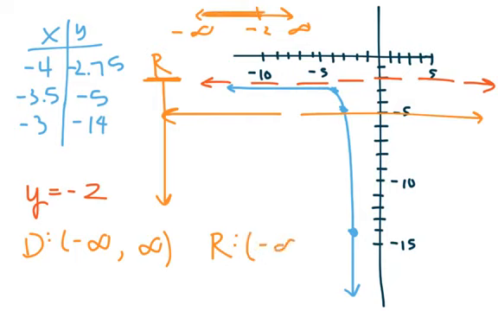So we would write it -infinity to -2. Remember, with asymptotes, we use parentheses because we're never actually going to hit that asymptote. We're just going to get really, really close. We're going to approach it. Okay, and yeah, you always use parentheses with infinity and -infinity. Okay, so that's an entire problem, an entire example.